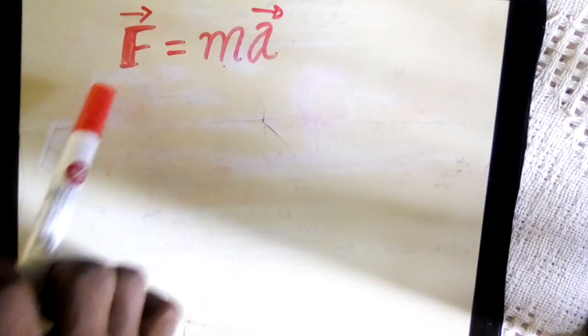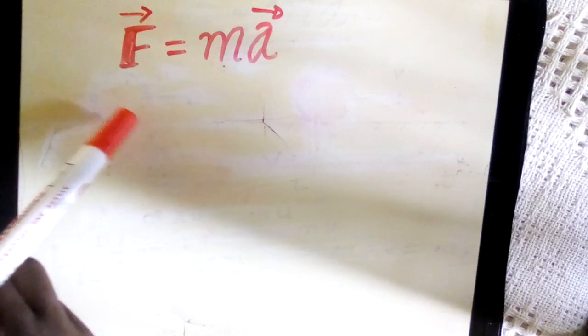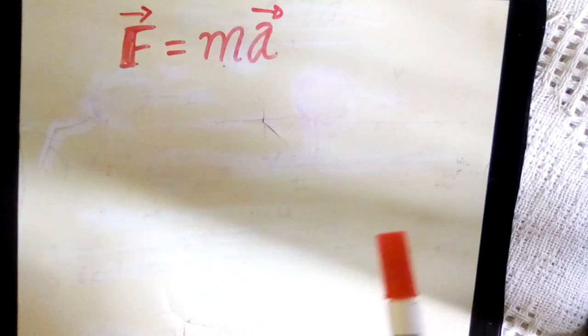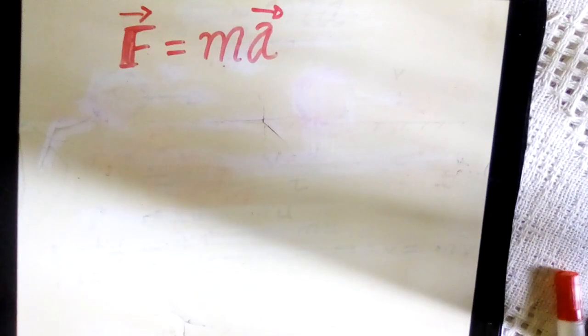So in this derivation, I'm going to assume that there is a constant force being acted on an object. Why am I saying constant force? Because in many other fields, this force might not be constant, like in rocket propulsion.